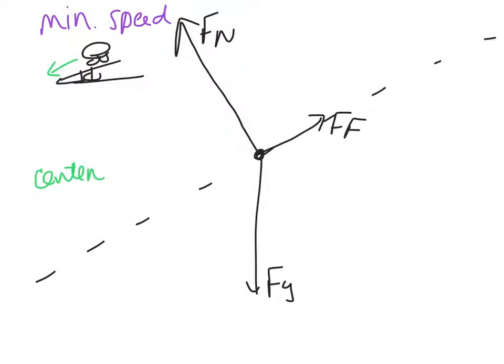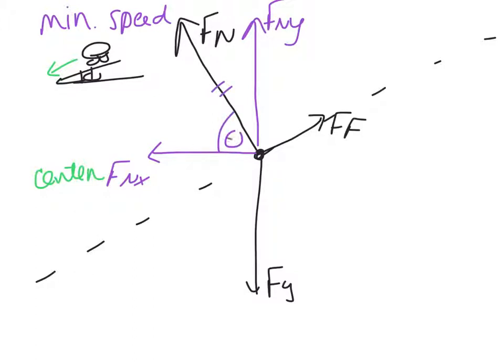So breaking apart Fn, we get Fny and Fnx. And you'll remember when we were dealing with no friction, this angle was theta. And then breaking apart Ff, we get Ffx and Ffy. This angle right here, let's take a look at that.